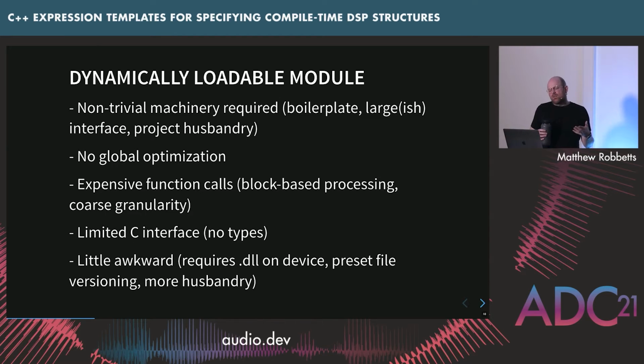And finally, working with plugins is a little awkward, especially if you're working in an embedded kind of environment. If you build your plugin, you have to sync it to the device. If there are presets or graph files, you have to make sure those match and they're the right versions. There's more friction, there's more things for me to forget, and I frequently do. And I just find this to be friction in the development process.